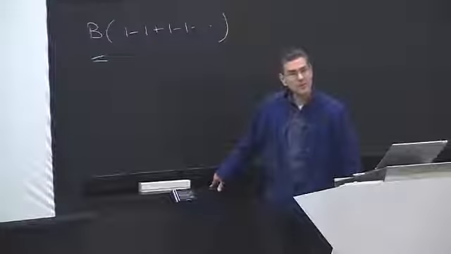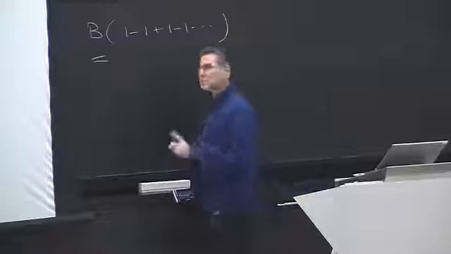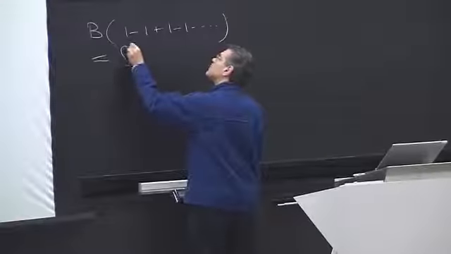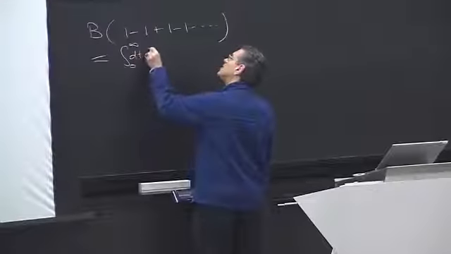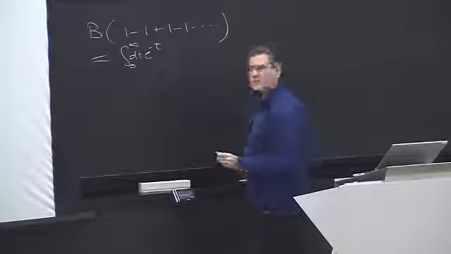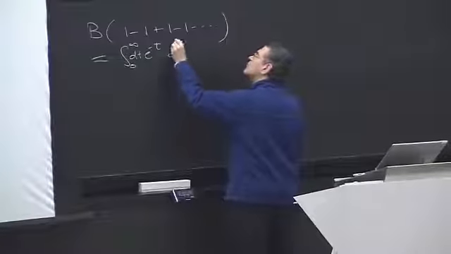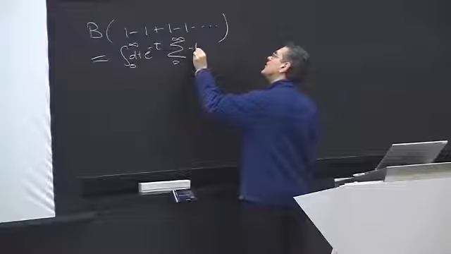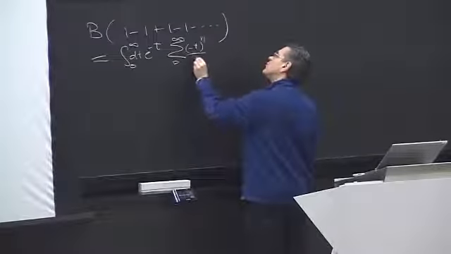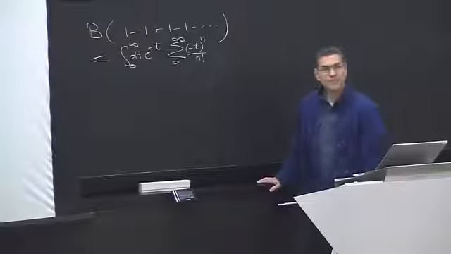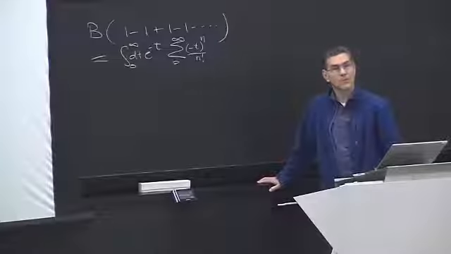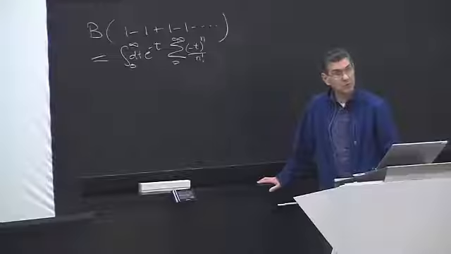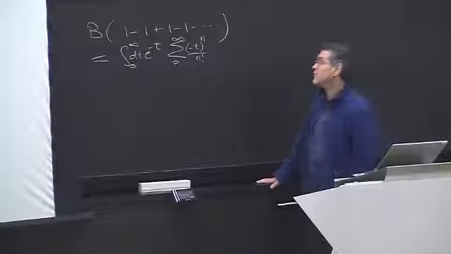Okay? So what do you get? So Mr. Borel says what you have to do is integrate from 0 to infinity dt e to the minus t times the sum from 0 to infinity of minus t to the n over n factorial. Right? That's what you get if you do the Borel sum of that series.